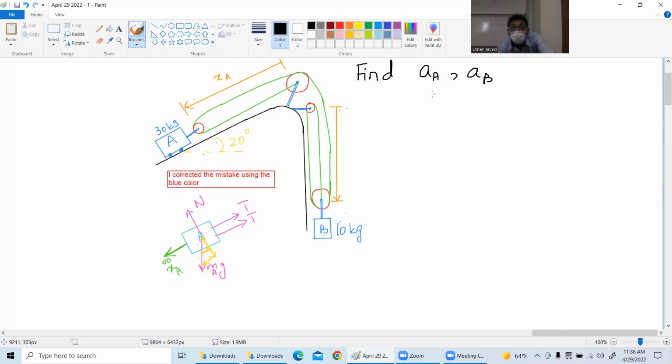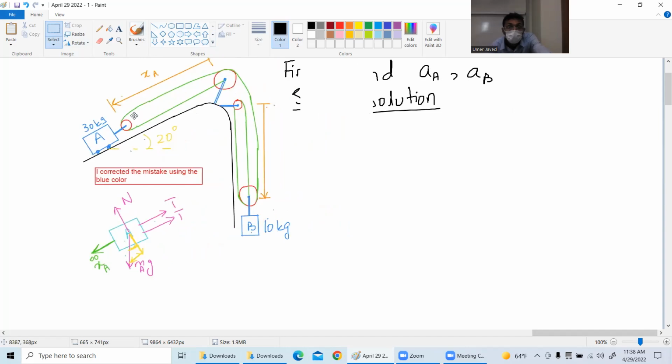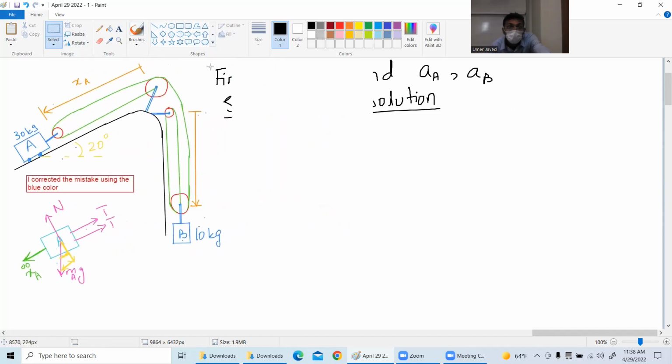So what is the solution? Let us proceed with this problem very methodically.